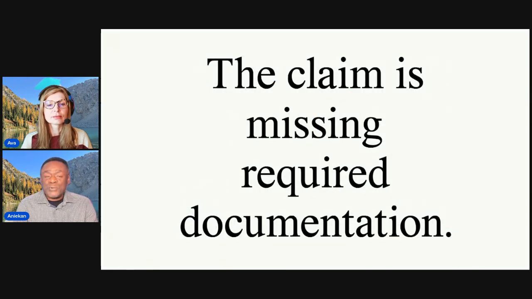So for example, this is a simple sentence, right? The claim is missing required documentation. We can't use this raw text directly. Instead, we can use a technique, and one technique that we point to is taking and converting these individual words into numerical vectors.